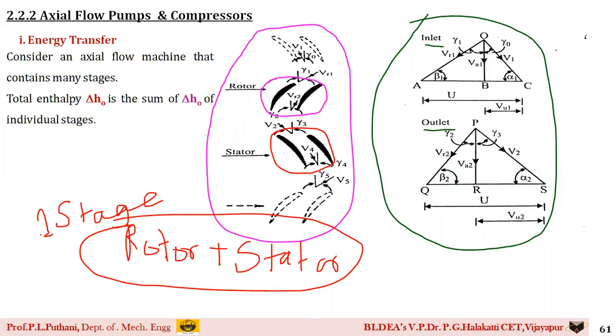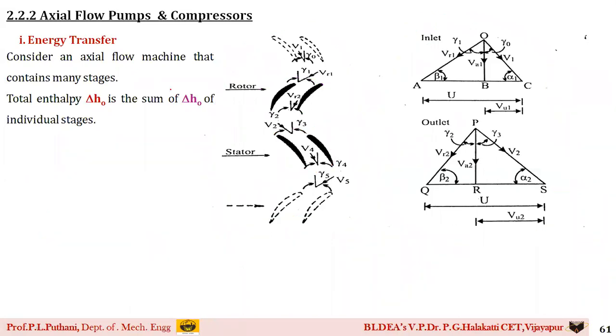Similarly, this goes on. Here we are analyzing the fluid flow for an axial flow machine passing through rotor and stator. For the rotor, the flow is represented by this inlet velocity triangle, and similarly for the stator, the velocity triangle is drawn here, inlet as well as outlet.